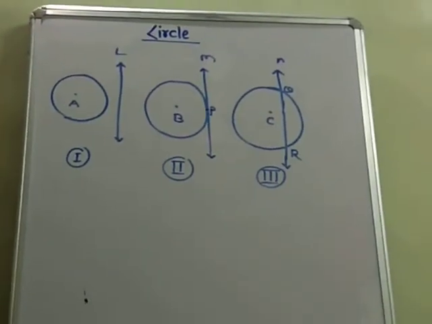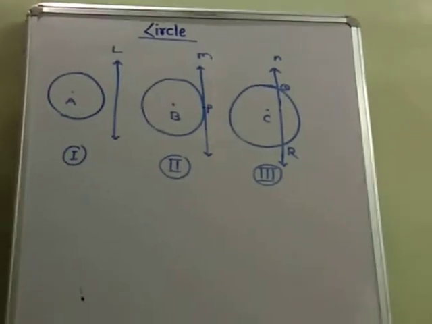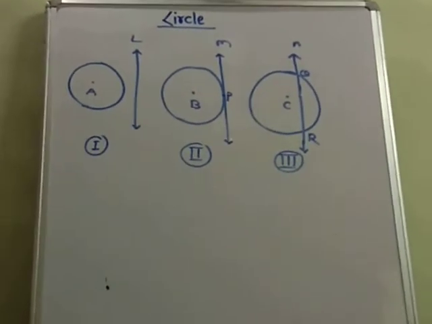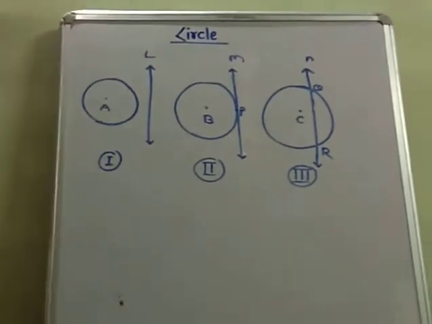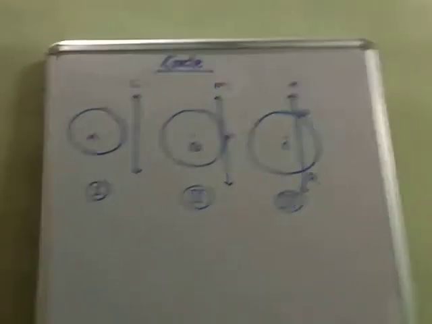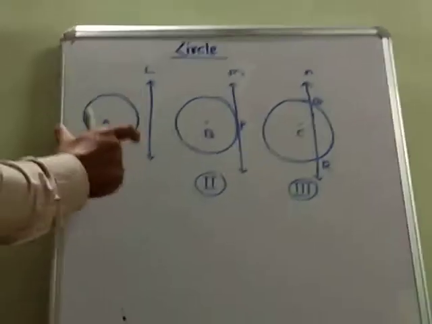In the first diagram, not a single point is common to the circle and the line L. The circle with center A and line L have no common point.